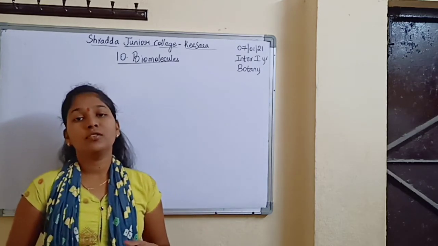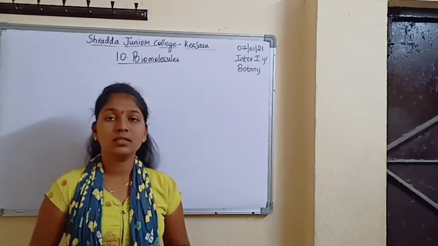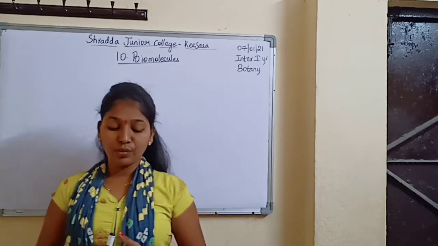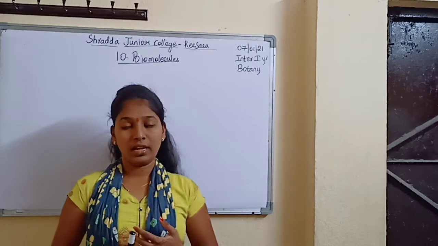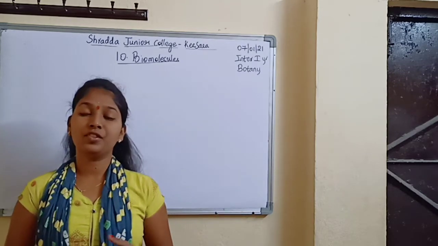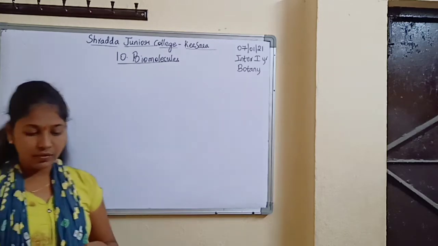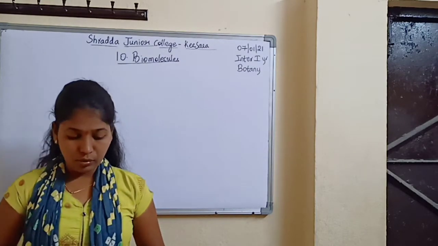These are all cell organelles discussed in the case of a plant cell as well as an animal cell. So now we are moving deeper into our life structure. That is all about this 10th chapter, which is dealing with the biomolecules.